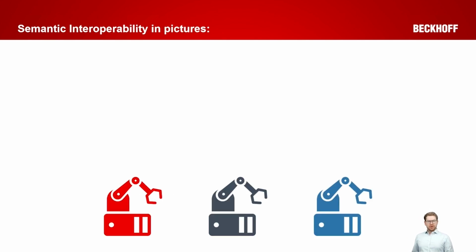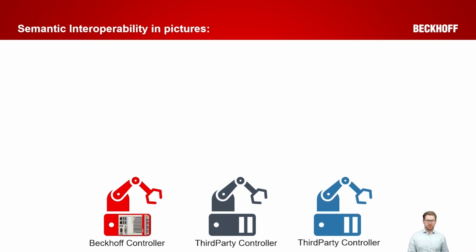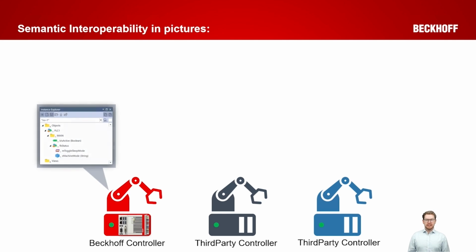So imagine we have 3 machines, each with a different controller. One has a Beckhoff controller and the other 2 have any third-party controller. And they all have information about their status, their machine mode. The Beckhoff machine may present it like this, under the PLC1 object in a folder called main, as the main program is called, and then down there you have the information.